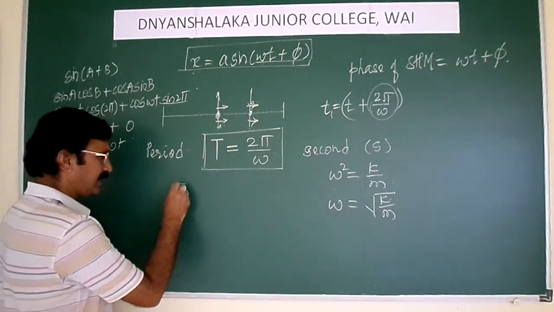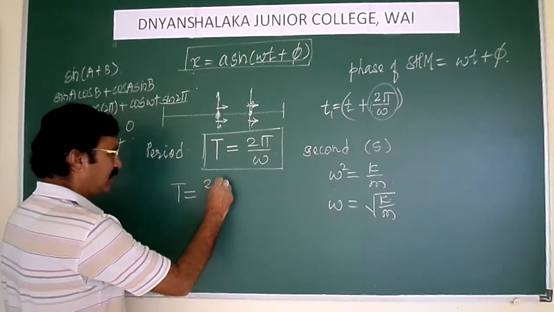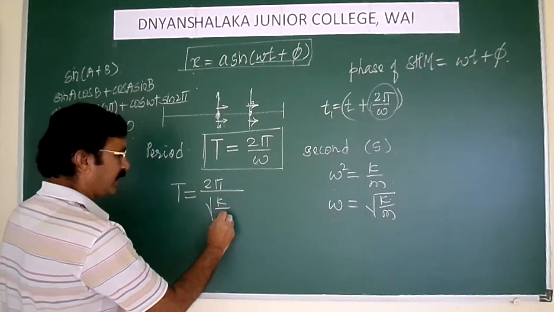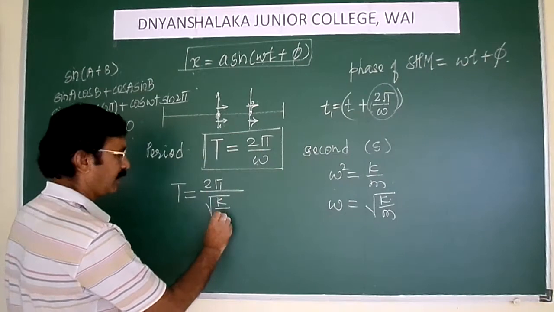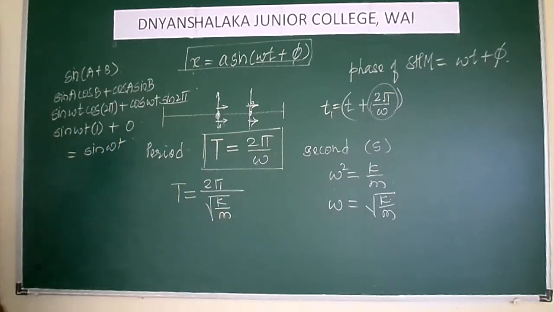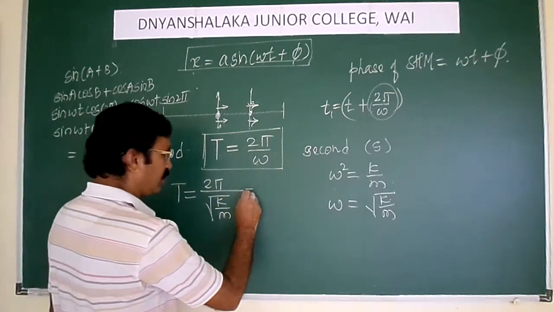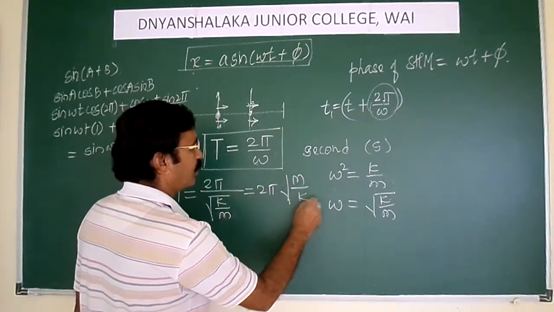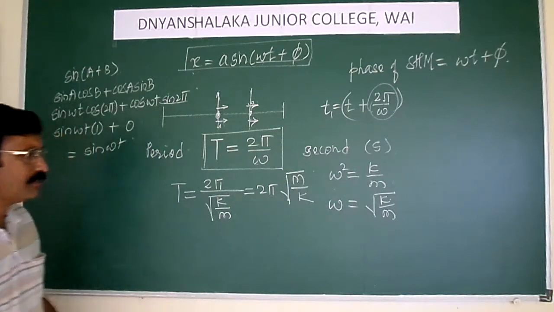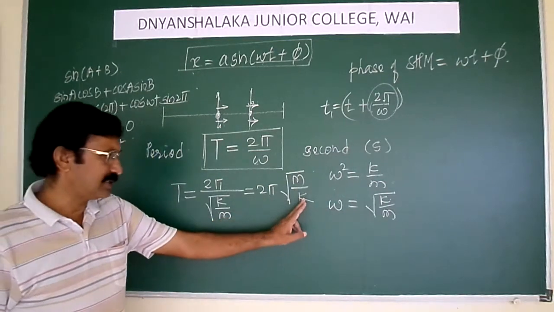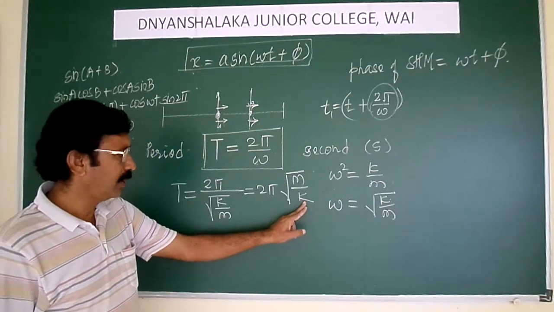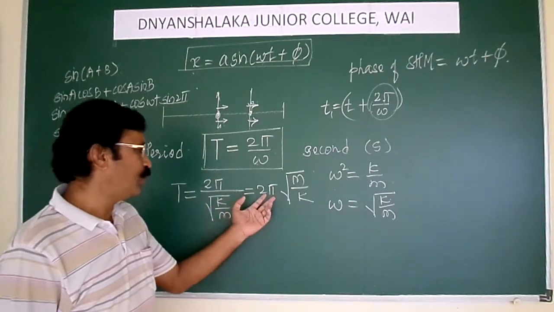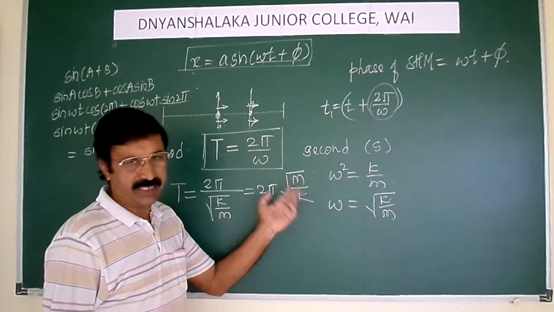So the period T can also be expressed as 2 pi upon under root k upon m, or the period can also be written as 2 pi root of m upon k, where k is the force constant. So the period is expressed as 2 pi root of m upon k.